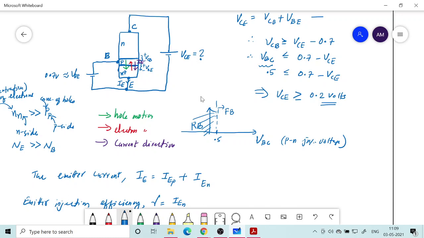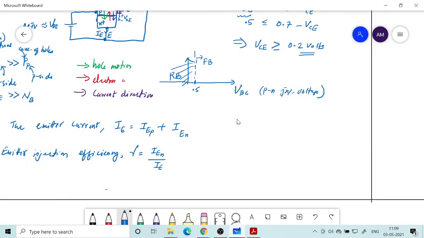But for that to happen, the next junction, the base-collector junction, should be reverse biased, because we know that when a PN junction is reverse biased, any minority carrier entering that junction is swept across. For the P side, the minority carrier is the electron. Let me explicitly show it.